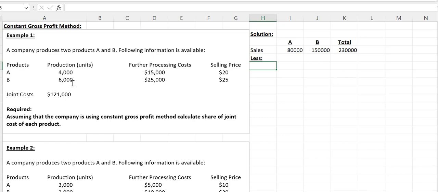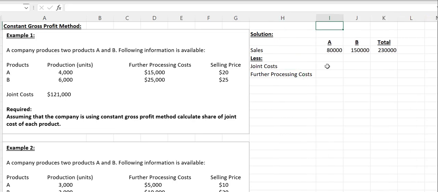Then let's subtract two type of costs. Number one is the share of joint cost, and secondly is the further processing cost.